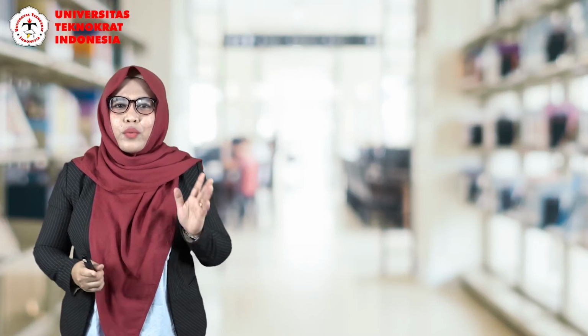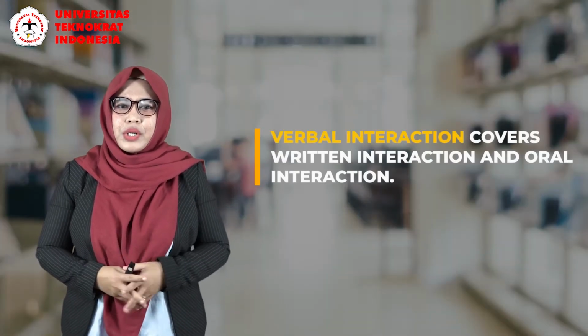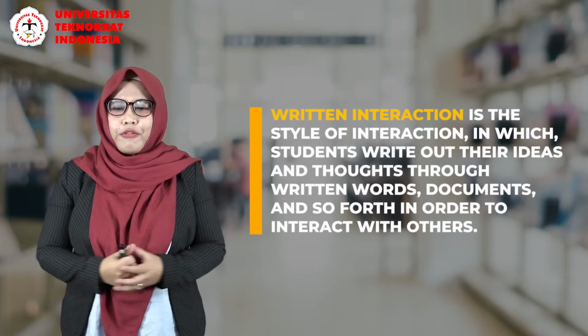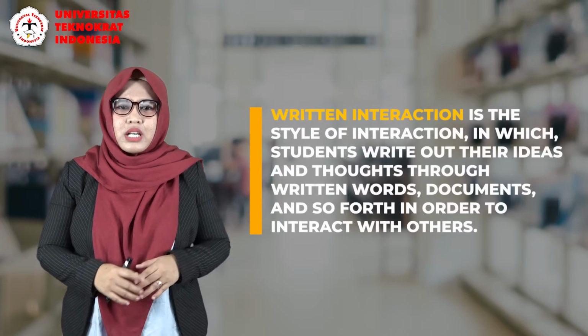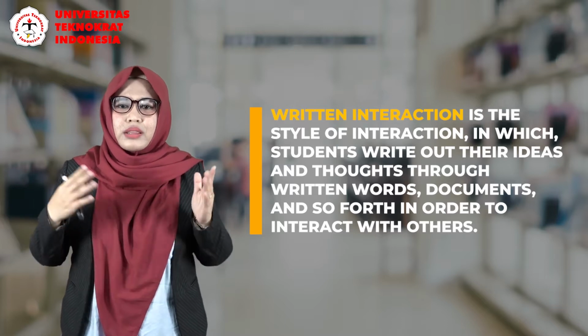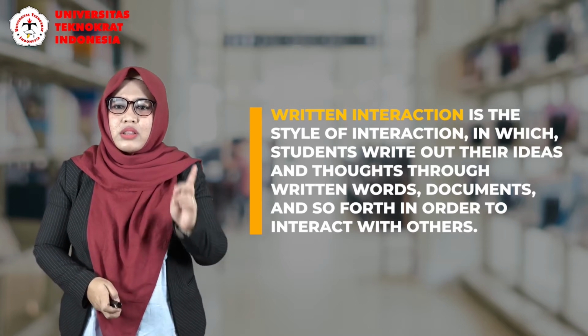We start from verbal communication, or well known as verbal interaction. Generally, verbal interactions cover written interactions and oral interactions. What are written interactions? It is the style of interaction in which students write out their ideas and thoughts through written words, documents, and others in order to interact with others.